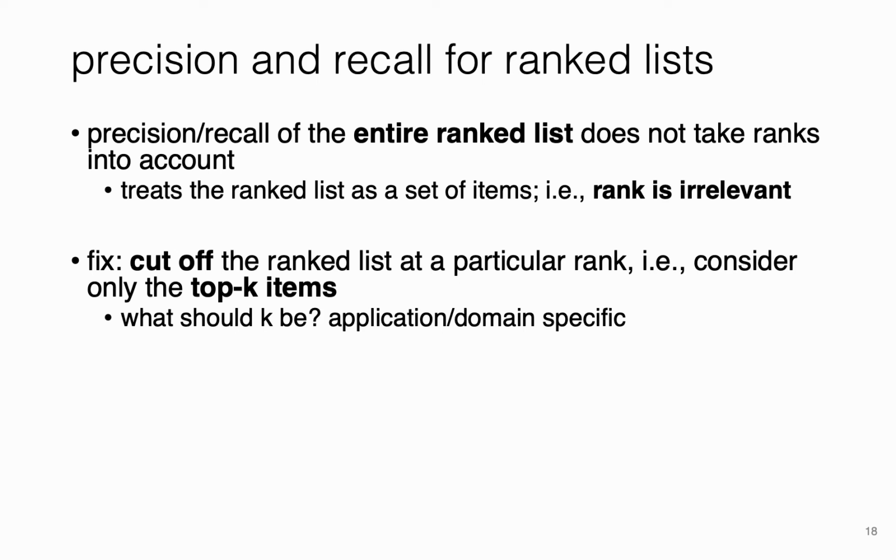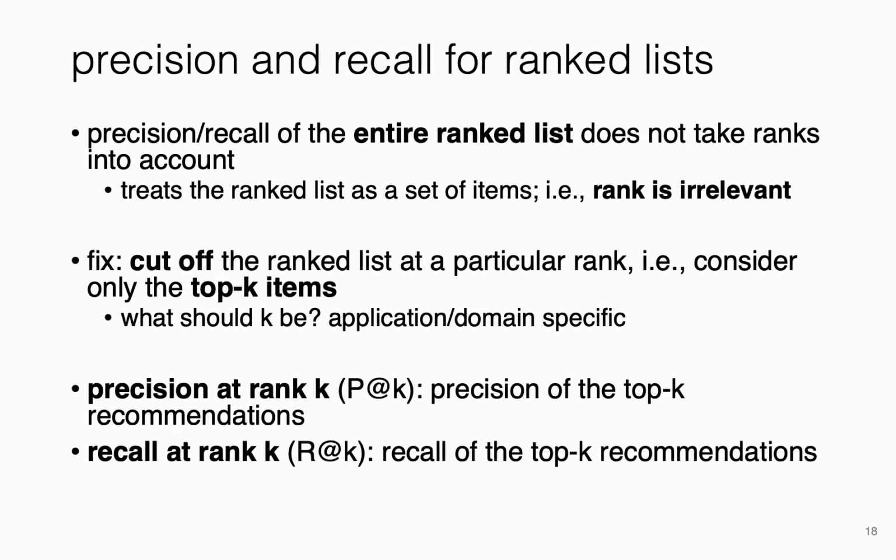So given a value of K, we cut off the ranked list and compute precision and recall at that part of the list. When we do that, we call these measures precision and recall at rank k, and we denote them as P at k and R at k respectively.